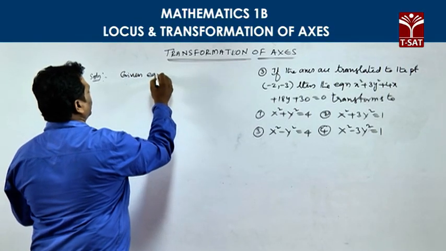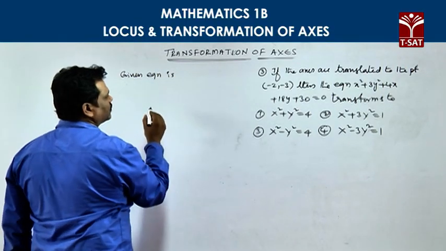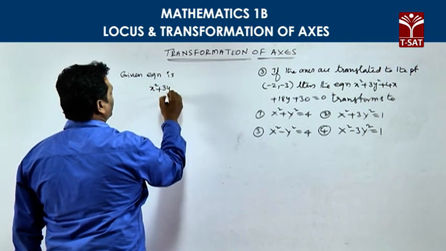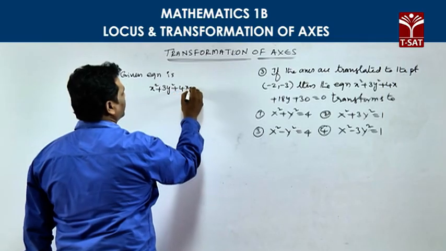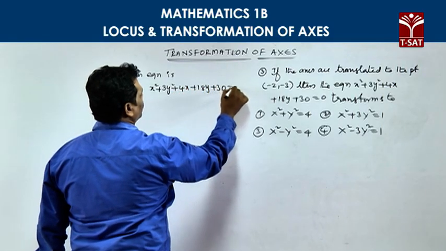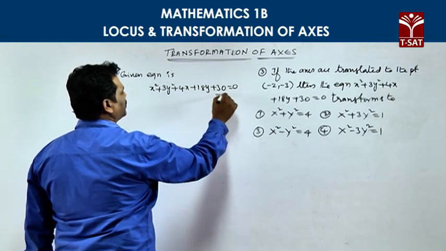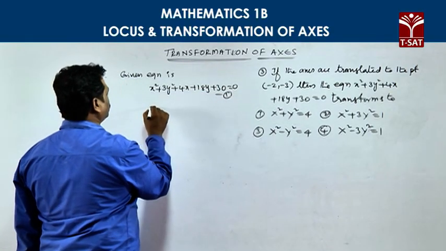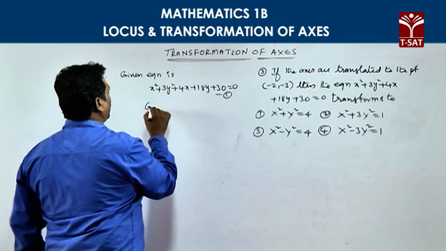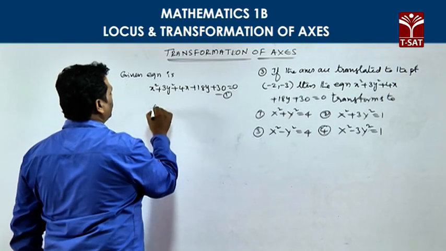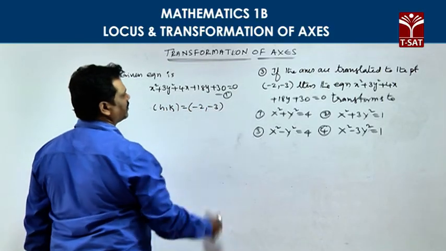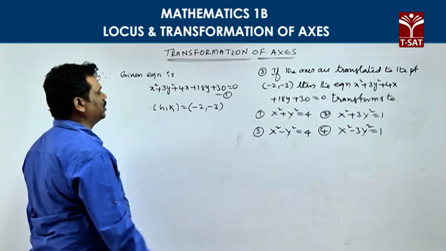Given equation is x² + 3y² + 4x + 18y + 30 = 0. This is equation number 1. And here (h, k) = (-2, -3), the shifted origin.